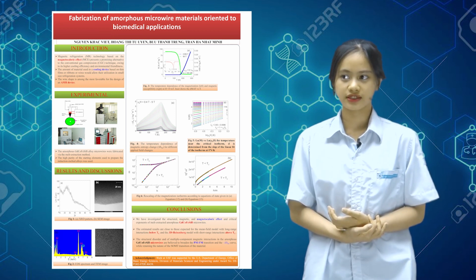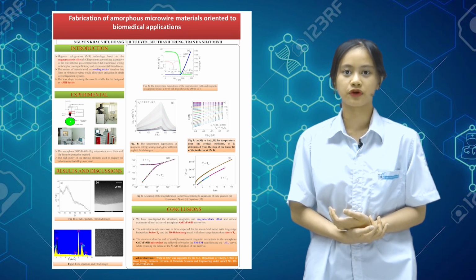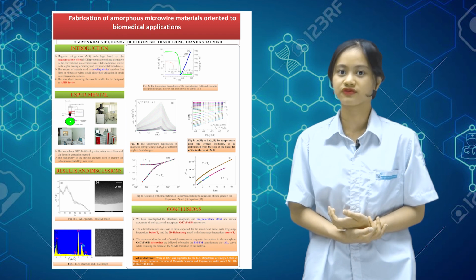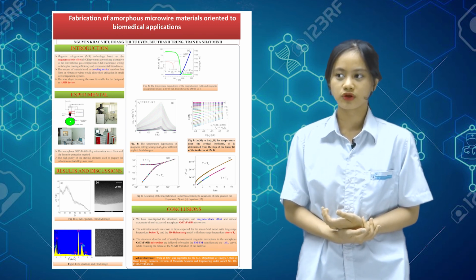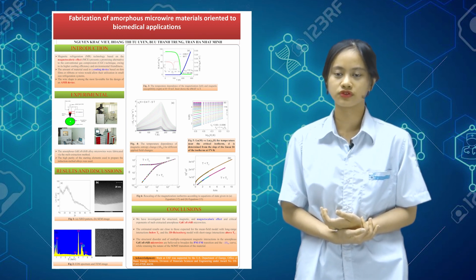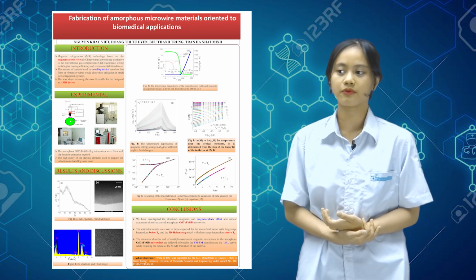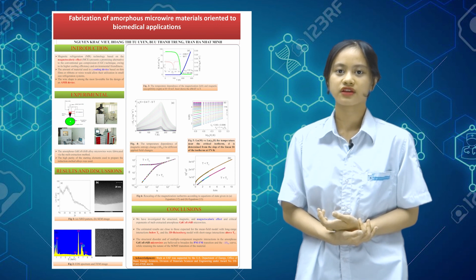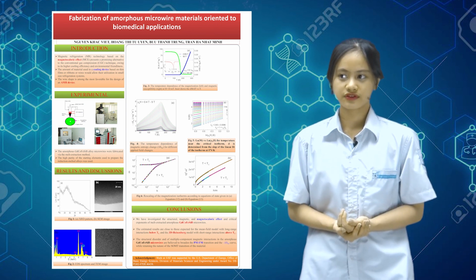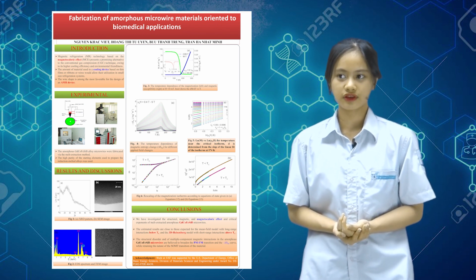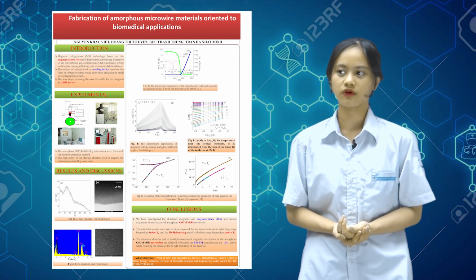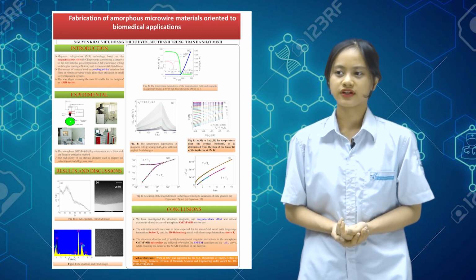The microwire transforms from paramagnetic to ferromagnetic around the Curie temperature 164 K. The magnetic entropy change has a maximum value delta SM of about 6 joule per kilogram Kelvin for a magnetic field strength of 5T. The Kouvel-Fisher method is used to analyze the critical behaviors of the PM to FM phase transition.